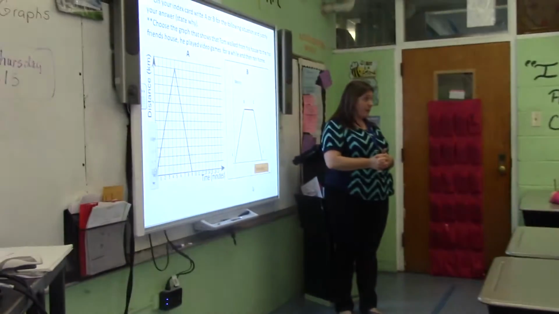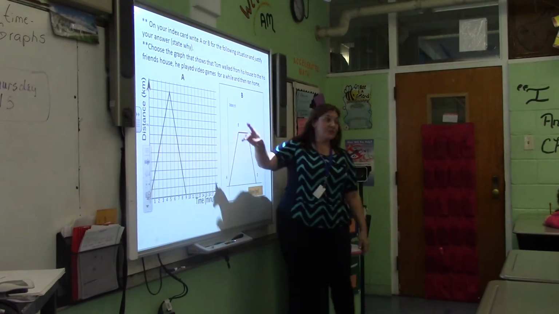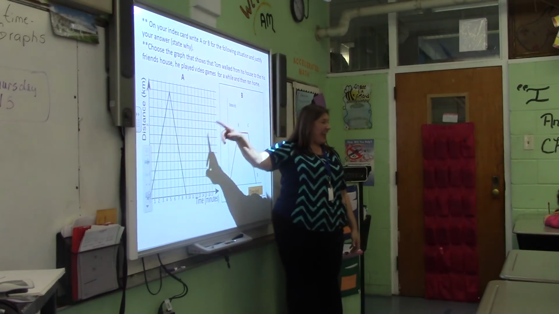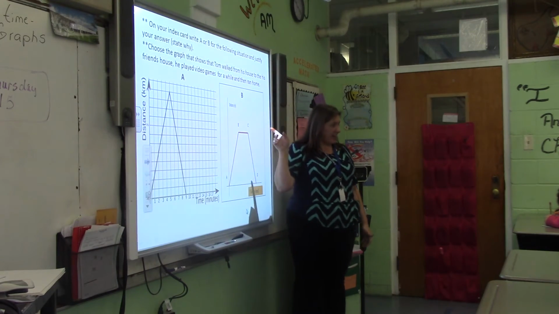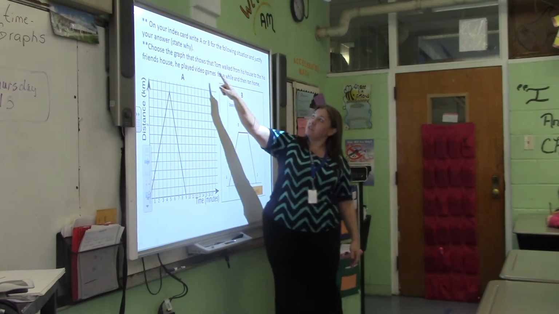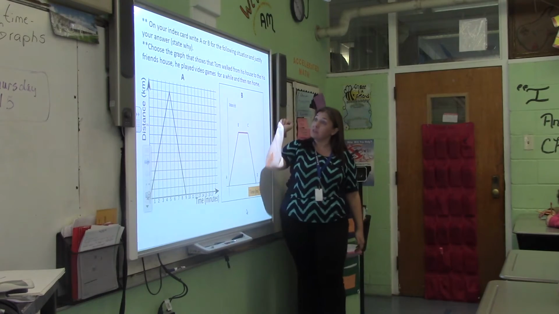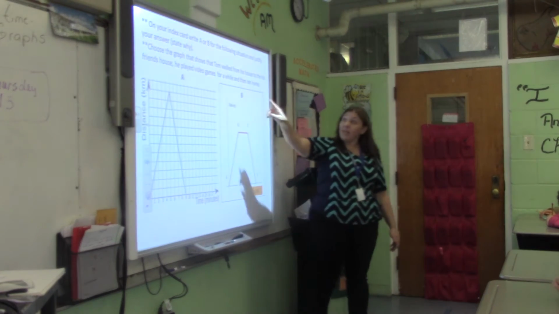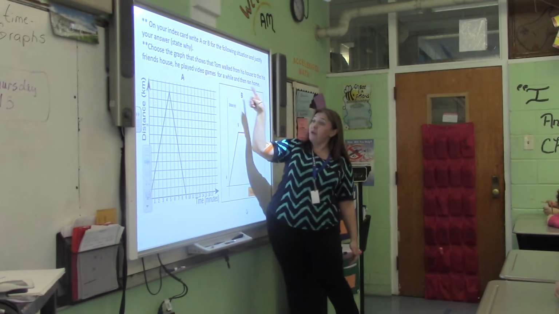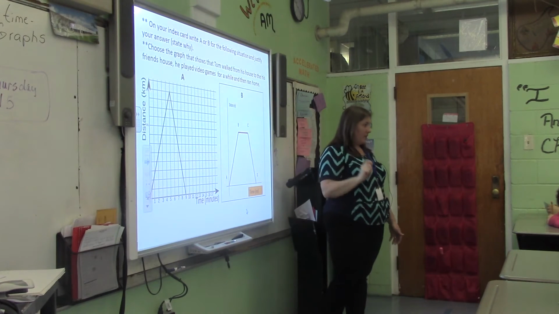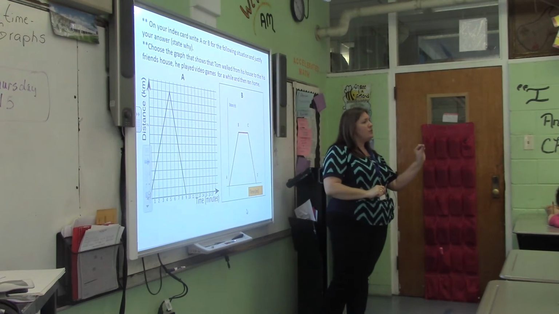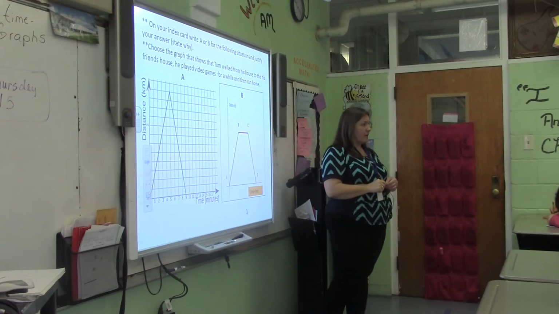Need me to say it one more time, Nikki? Okay, choose A or B. It says choose the graph that shows that Tom walked from his house to his friend's house. He played video games for a while and then ran home. Tell me why, what made you choose that graph?